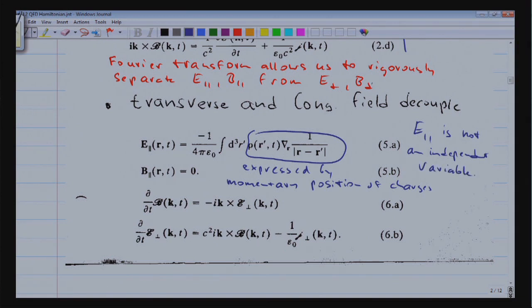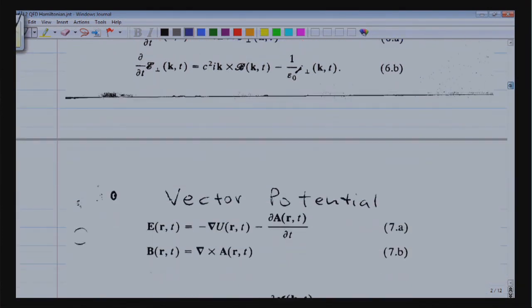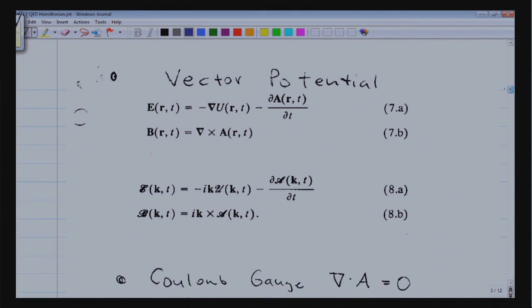Canonically, of course, we describe particles by their position, and here you see explicitly that the parallel field, the longitudinal field, which we defined the way we did it, only depends on the momentary electric field, the Coulomb field associated with the charges.